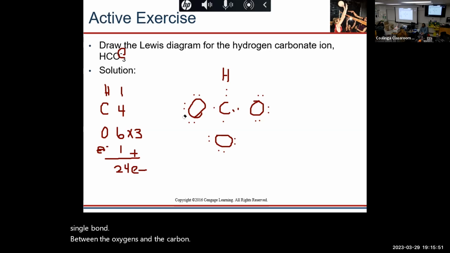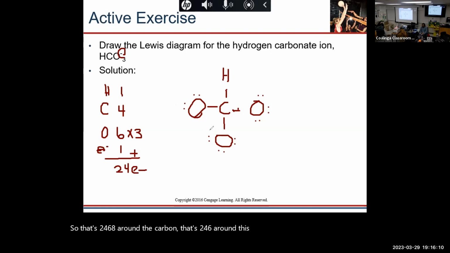Okay, so let's do that. So that's 2, 4, 6, 8 around the carbon. That's 2, 4, 6 around this oxygen. 2, 4, 6, 8 around this oxygen. 2, 4, 6, 8 around this oxygen.